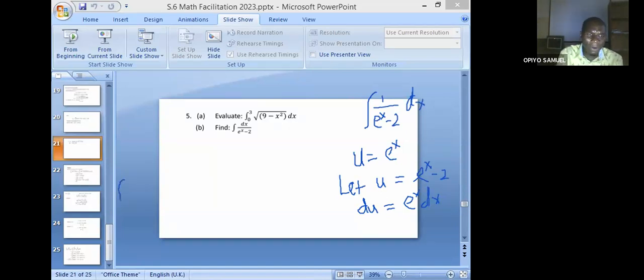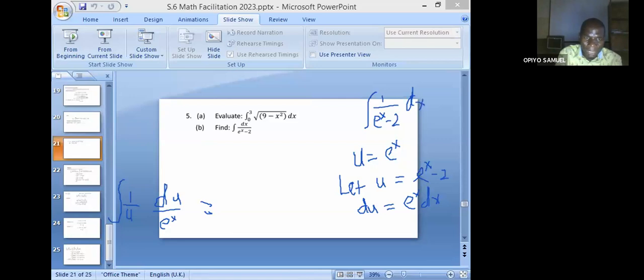So still if you have used this method, this one may also work out. It means the integral now will be 1 over, we are letting the whole of this be u, times the x, but our dx is going to be du over e to power x, which means from this part you should make e to power x the subject.